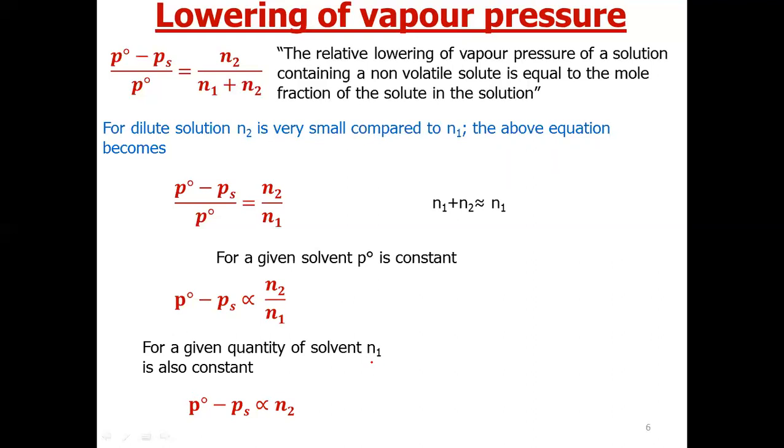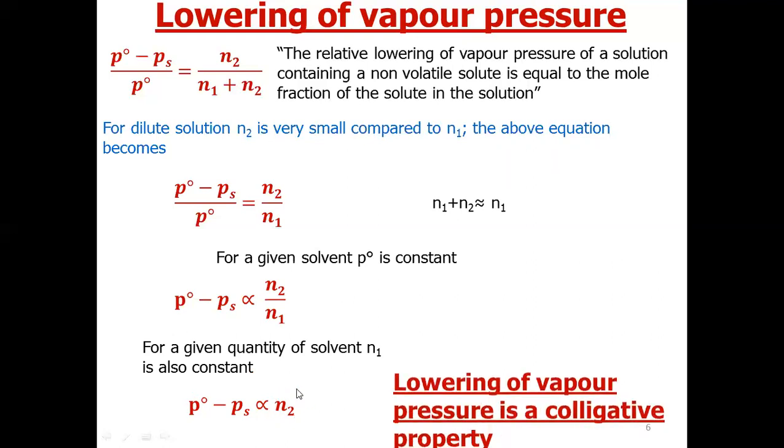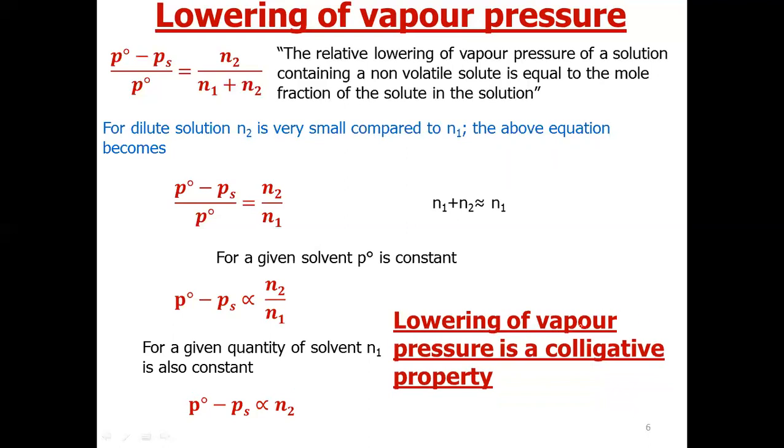N1 is solvent. For a given quantity and a specific solvent, P naught minus Ps, which represents lowering of vapor pressure, is proportional only to N2, number of moles of solute. So we can say that lowering of vapor pressure is a colligative property. Why? Because its value depends only upon the number of moles of solute and is independent of the nature of solute.